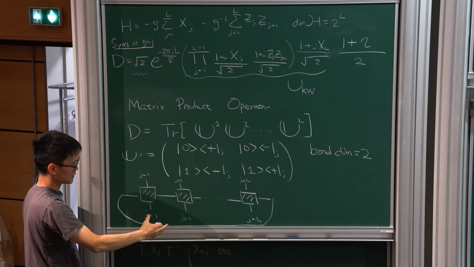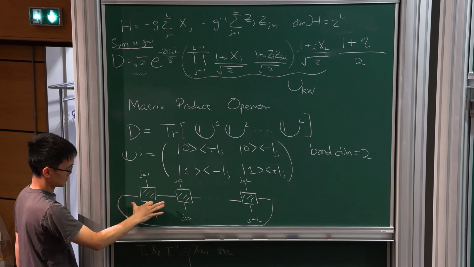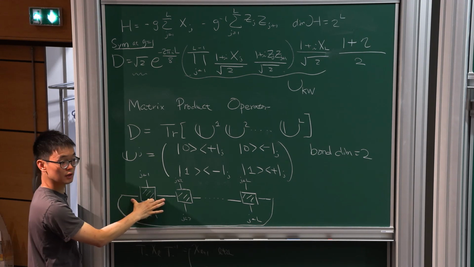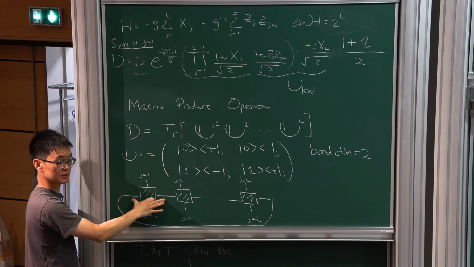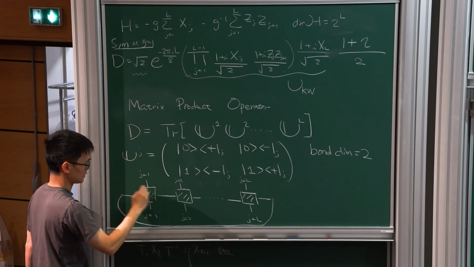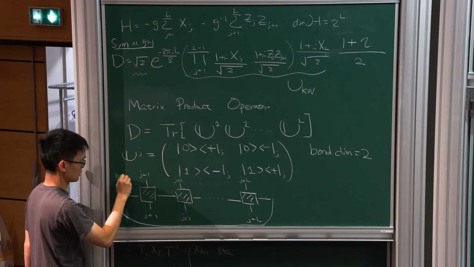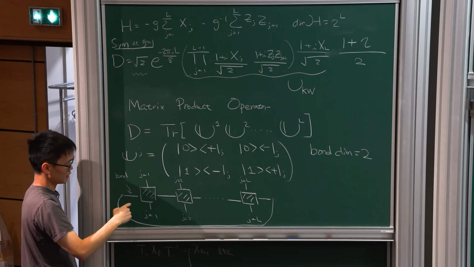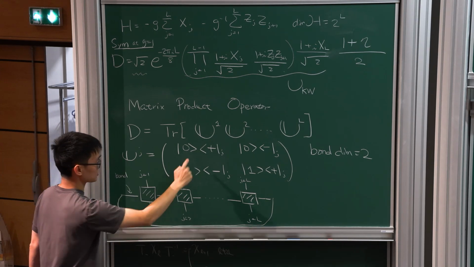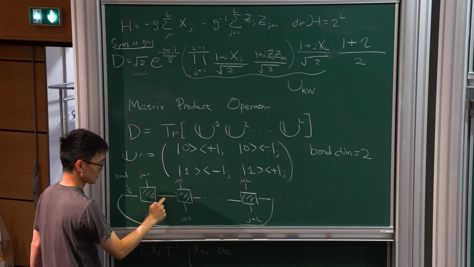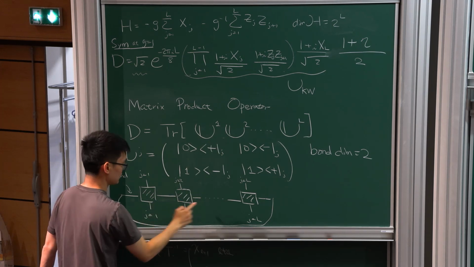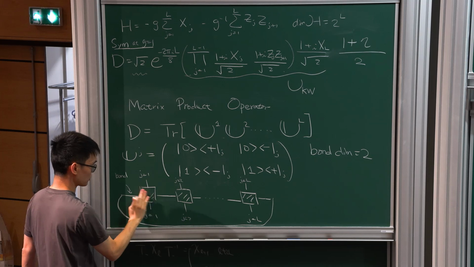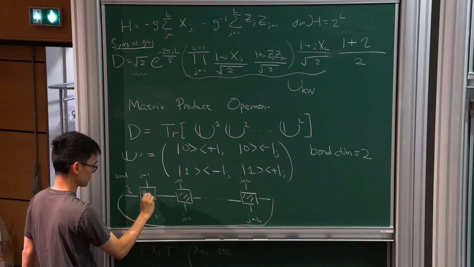But in the intermediate step, it can be written as some contraction of these virtual space legs. This horizontal leg is the bond space leg. We are multiplying the matrices together, so we are connecting them horizontally. This little blob here is the U I just defined.